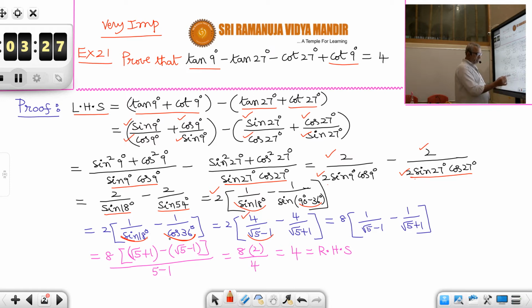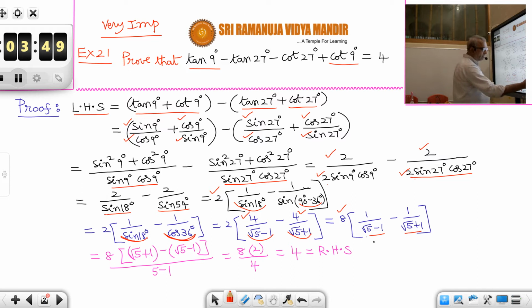Okay. So, what about cos 36 degrees? It is root 5 plus 1 by 4. So, in the denominator, root 5 plus 1 by 4 will go up. Okay. So, 4 in the numerator is common, so it becomes 8 outside. So, 1 by root 5 minus 1 by root 5 plus 1.